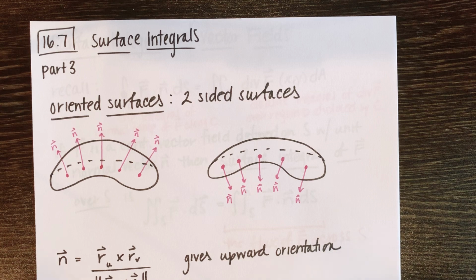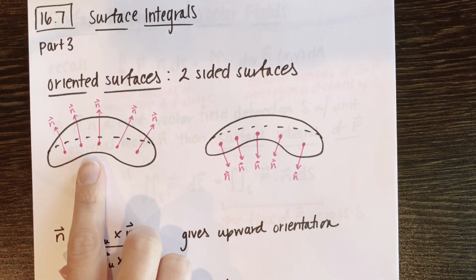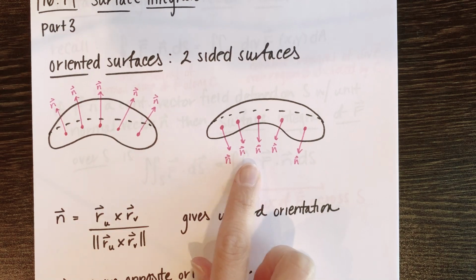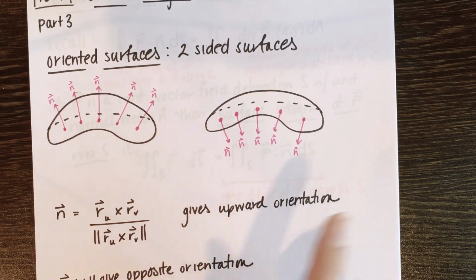Because there are two sides to the surface, we have to distinguish what is the proper orientation? What is the expected orientation, or conventional thinking, for the orientation of our surface? So this is just a visual for the two sides of the surface.